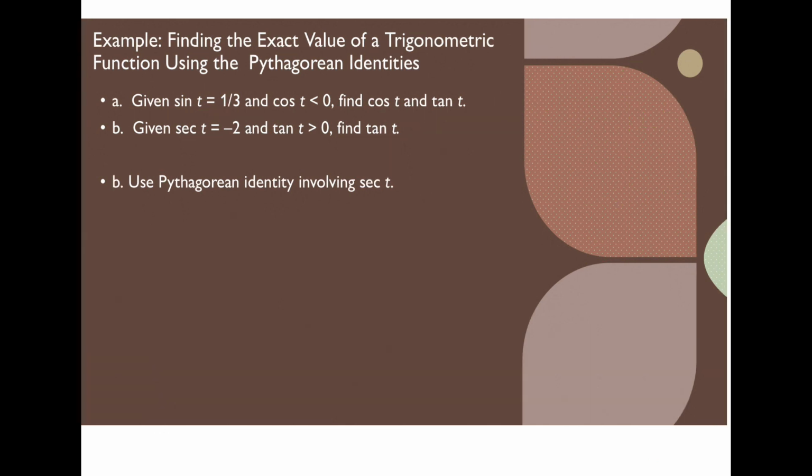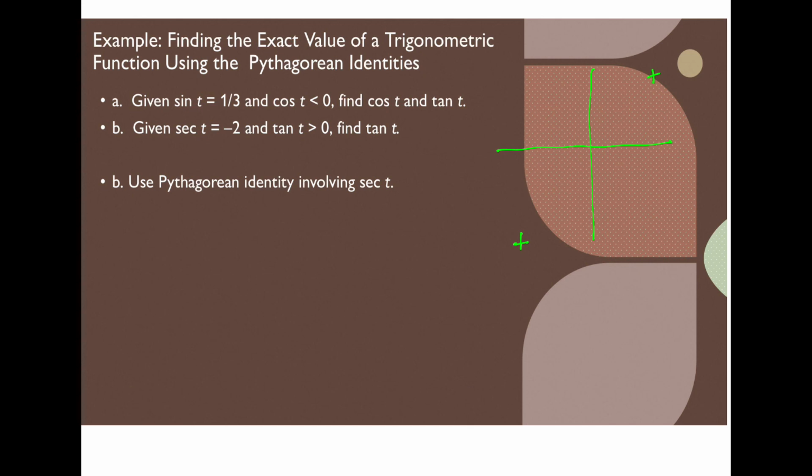All right, so here we're given a clue: secant of t is equal to negative 2. Secant of t is negative 2, and the tangent of t is positive. So thinking in terms of my quadrants again, if tangent is positive, that happens in the first and the third quadrants.